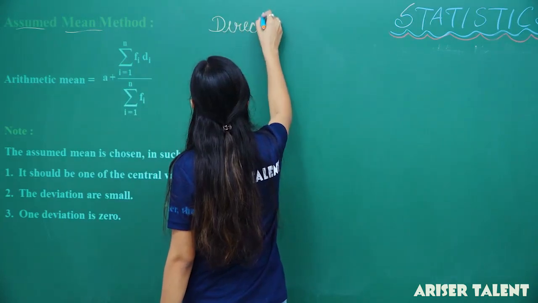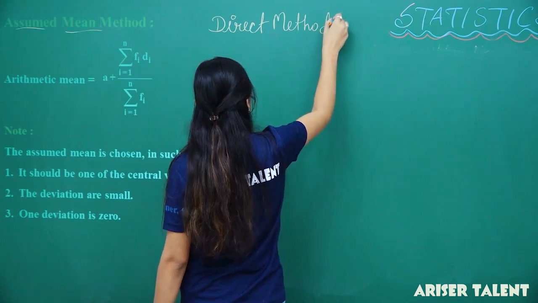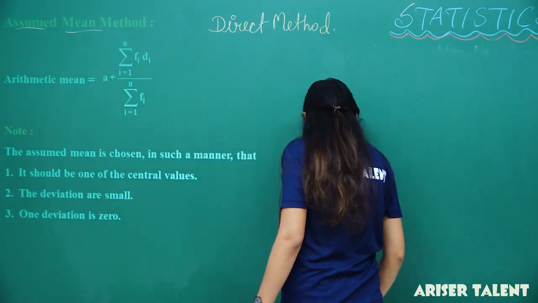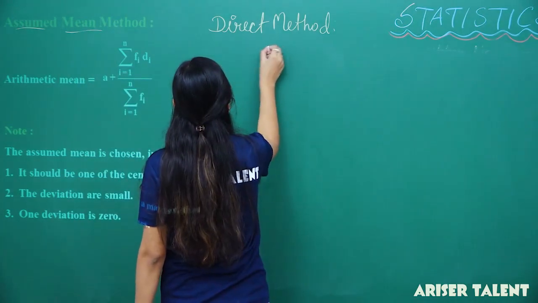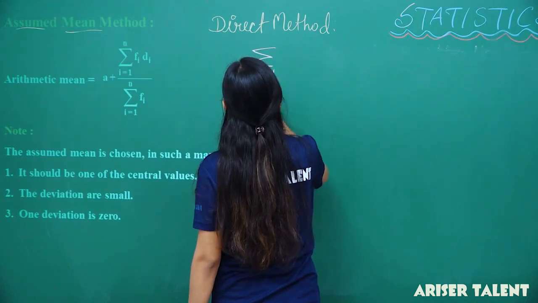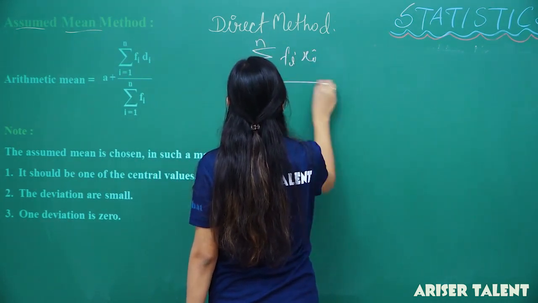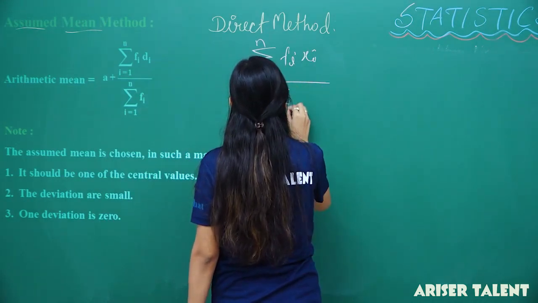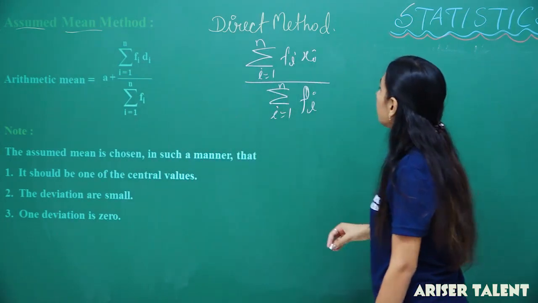In the direct method, what I was having was this formula: summation i equals 1 to n fi xi upon summation i equals 1 to n fi.